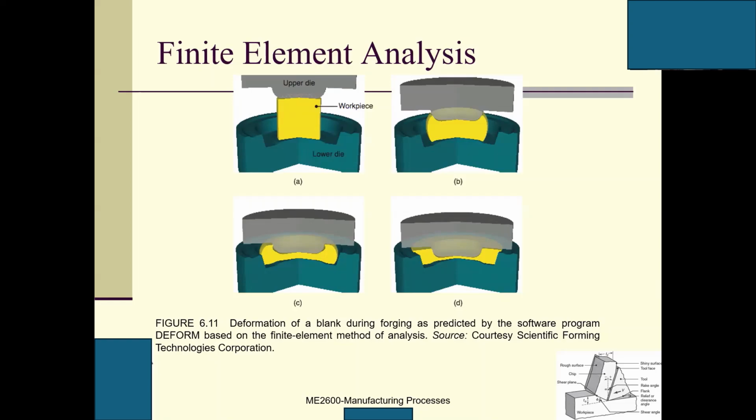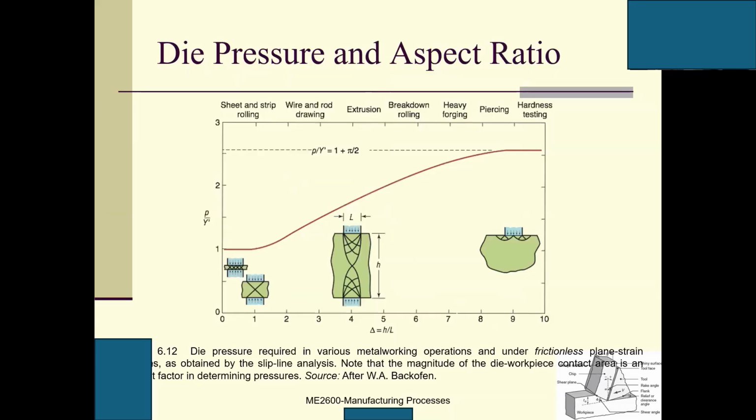On the top we use a rigid plate to mimic the die. So we are going to do this one. Not exactly the same, since here it is a cylindrical specimen, but we will do a square. It's a 2D problem.